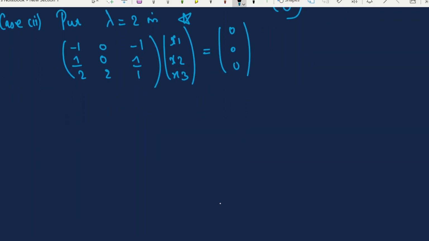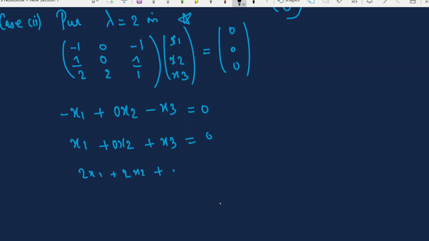Multiply these two: minus x1 plus 0 x2 minus x3 is equal to 0. The second one: x1 plus 0 x2 plus x3 is equal to 0. The third: 2x1 plus 2x2 plus x3 is equal to 0. Here we have three equations, 1, 2, 3.